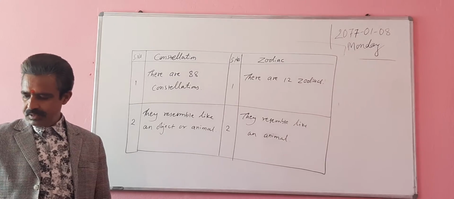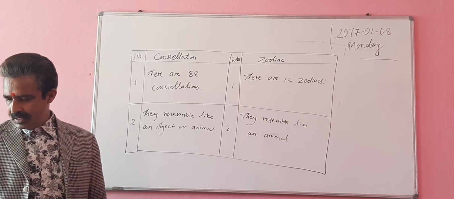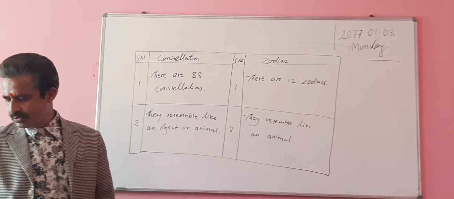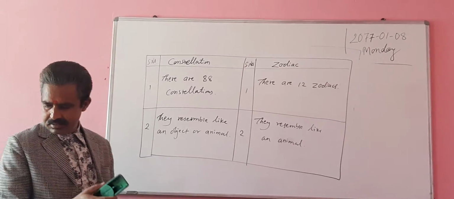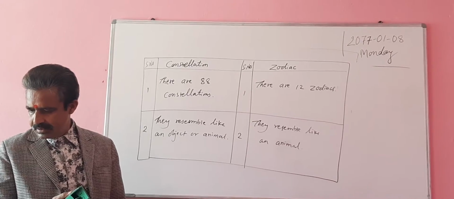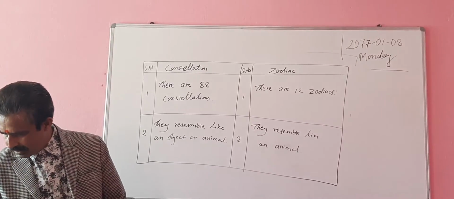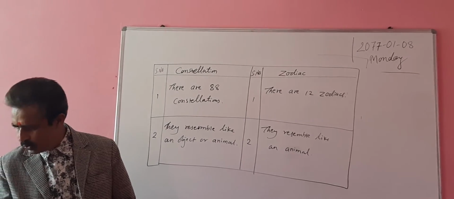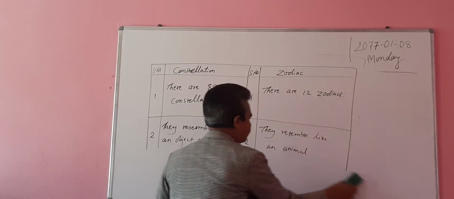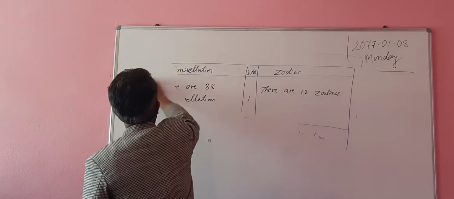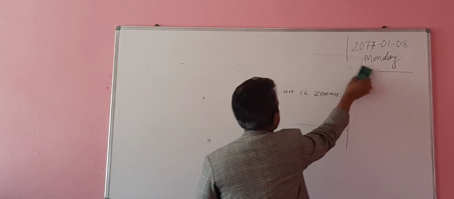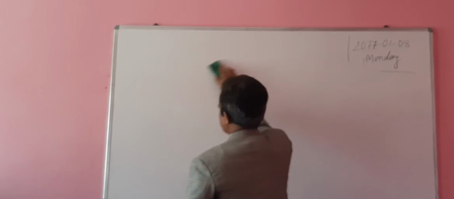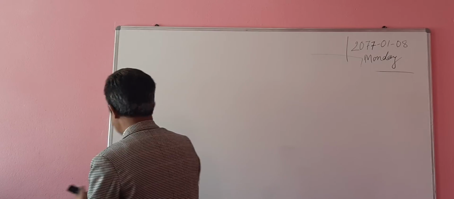Okay students, now what is the next question? The next question is, any two differences between light year and astronomical unit. Now let me write it out. We are going to write the differences between them.